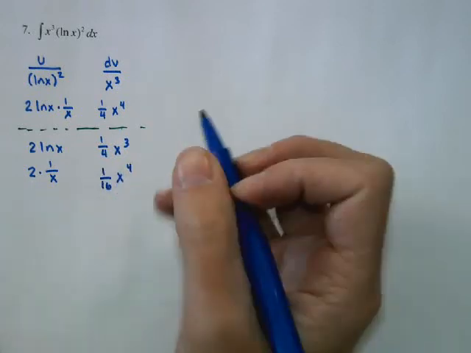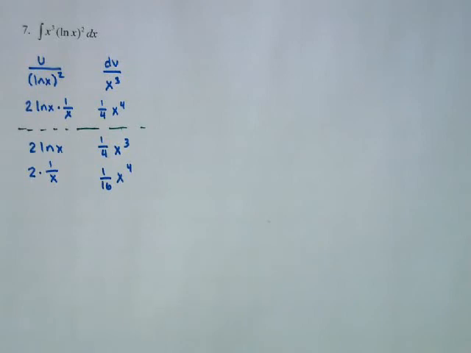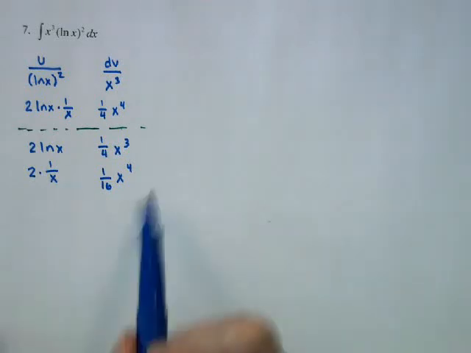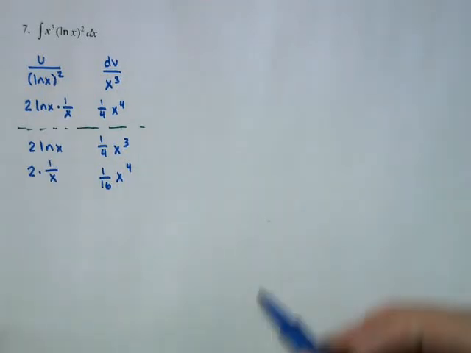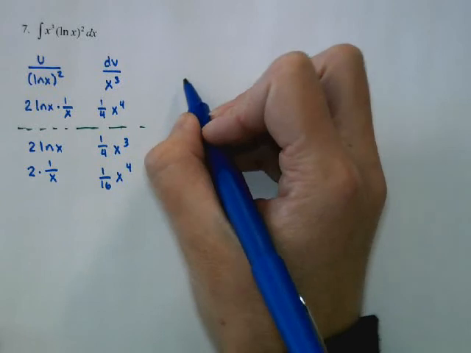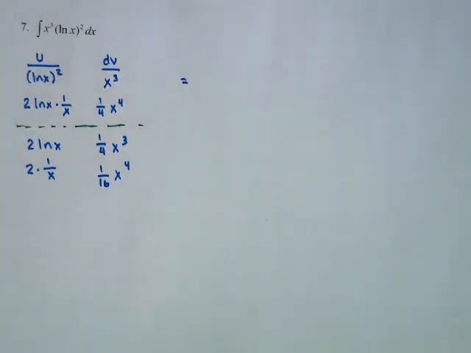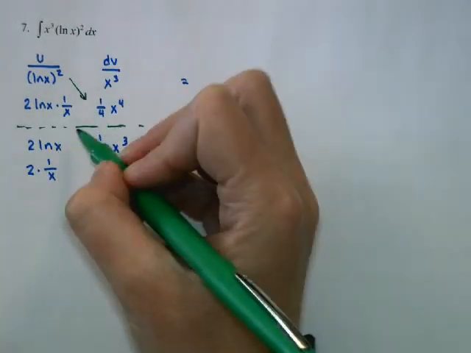Now at this point you have options. You could reassociate the factors and do this again, or we can just do it in the integral. So that's how I'm going to choose to do it, but you could do this whole process again if you wanted to. So my integral now, let's do our diagonals. We've got this diagonal, skip to this diagonal, and across.